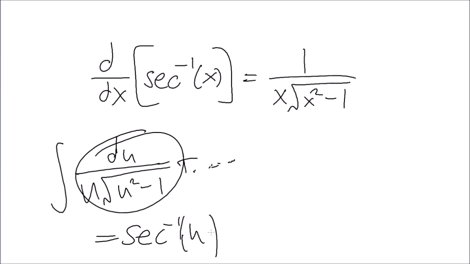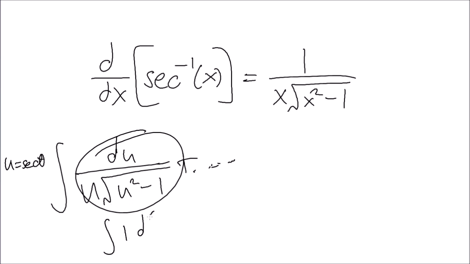If you don't have this memorized, then you literally have to do an extra step, which is doing a trig substitution, that u equals secant theta, and then you realize, wait a minute, this all comes down to 1, oh, it's theta, inverse secant. So you might as well memorize this.